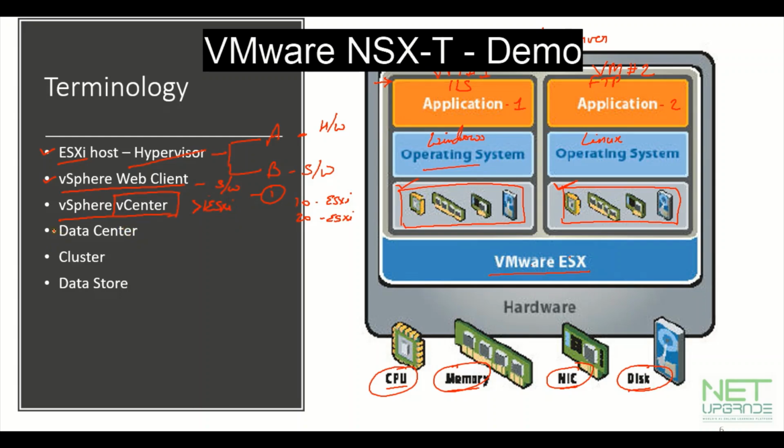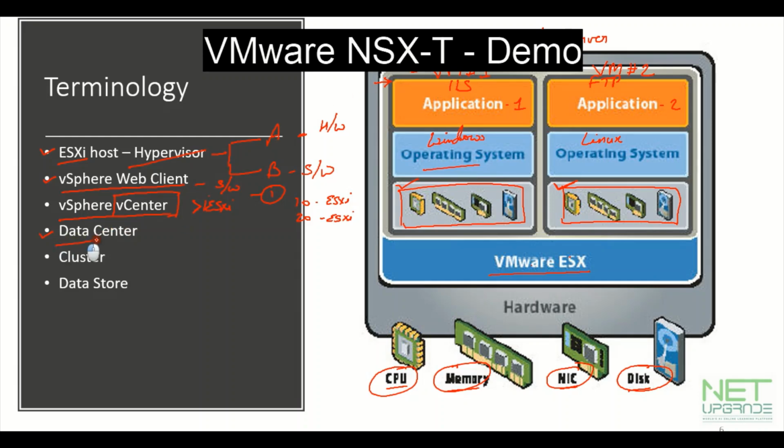There is one more important terminology called data center. VMware assumed that this ESXi hypervisor solution has been developed in some data center. So that data center represents one logical entity, and all the devices and all the VMs configured within these appliances are tagged with this entity.